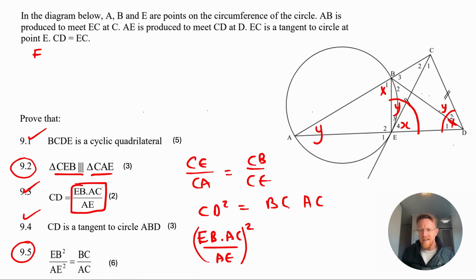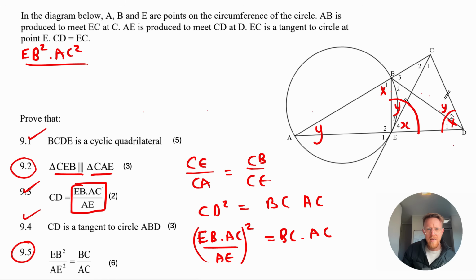The reason I did that is that if I now square the EB, I get EB squared. And if I square the AE, I'm also going to get AE squared. Okay, so if we distribute that 2 into the expression, we'll get EB squared, AC squared, and AE squared. And then on the right, BC times AC.